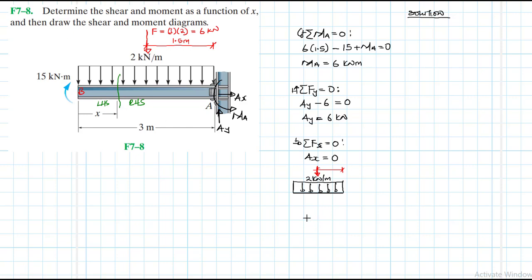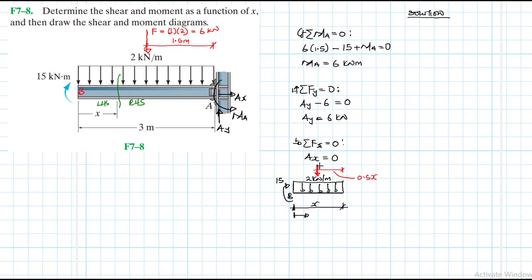Since this length here is equal to x, we are moving from B towards A, and then here we have a couple moment of 15. Therefore this length here is going to be equal to half of x, which is just 0.5x.